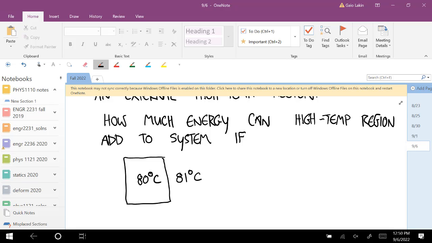But if there's a phase change at 80 degrees, and this is a liquid at 80 degrees, you can pour in all the energy that it takes to change the liquid from liquid to vapor, and the temperature stays at 80 degrees, so energy keeps going into it. And it's only after all of that liquid becomes a vapor that the temperature of that vapor will start to move up to 81 degrees and end the ability to transfer energy. Okay, so all of that latent heat can be added before you have those temperatures equal each other.